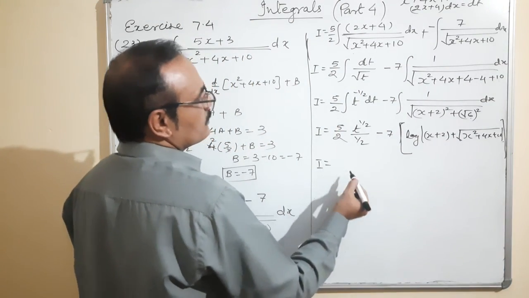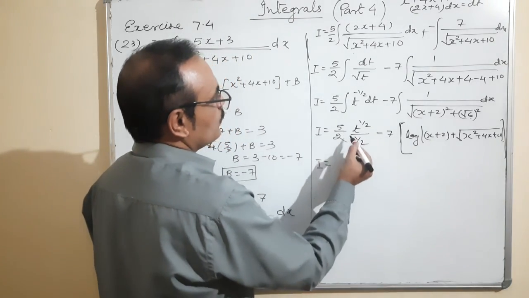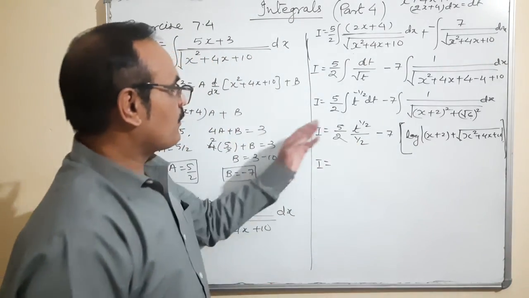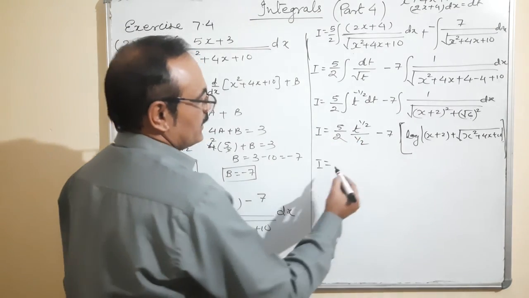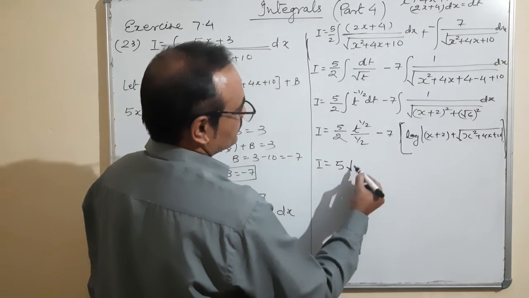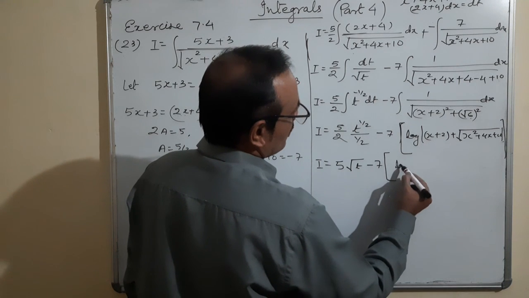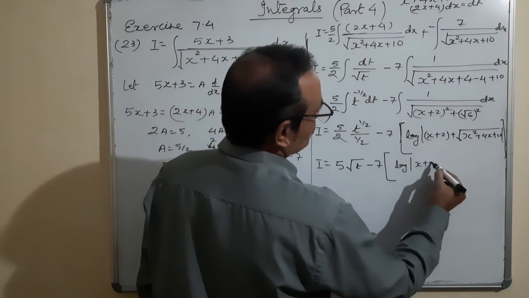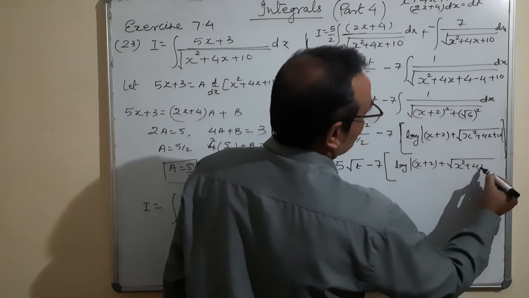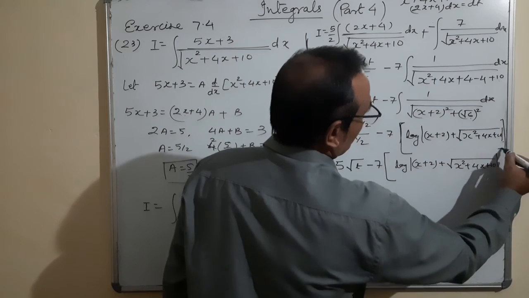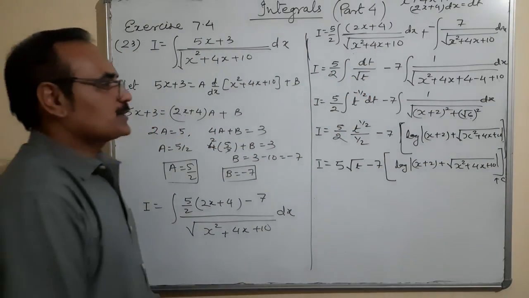I is equal to, 2 cancels, because this is 5 upon 2 and 1 upon 2 comes upside, so the 2 cancels. It is 5 under root t, minus 7 log of x plus 2 plus under root x square plus 4x plus 10, plus c.